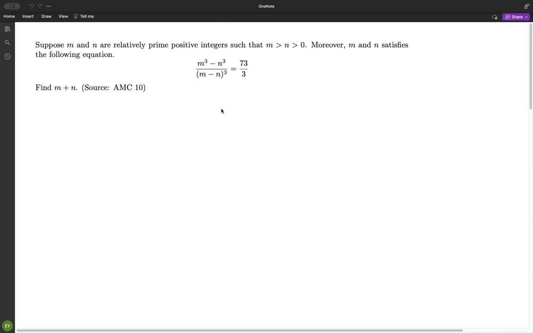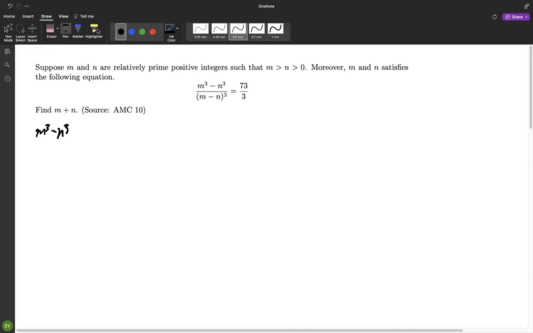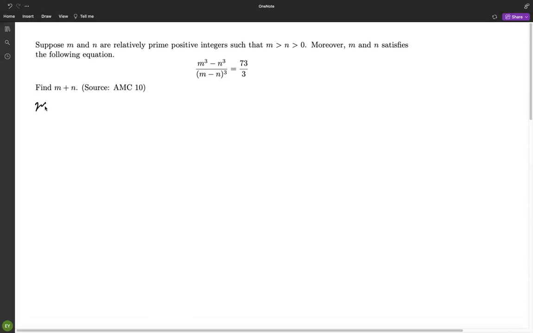So for this problem, the important thing that we need to know is what happens when we factorize this. We know that m cubed minus n cubed equals m minus n times m squared plus mn plus n squared.